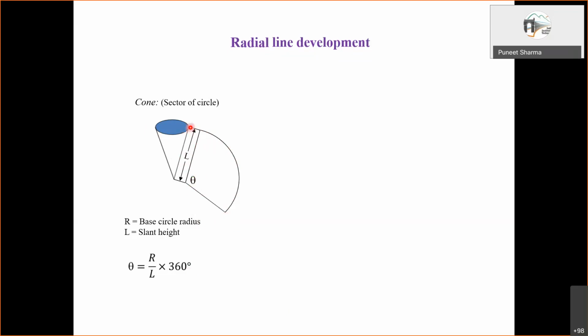And this will be equal to the circumference of this circle. If the radius is r, then this will be 2 pi r. So this 2 pi r will be equated to theta L. If we equate 2 pi r and theta L, then we get how much theta should be.